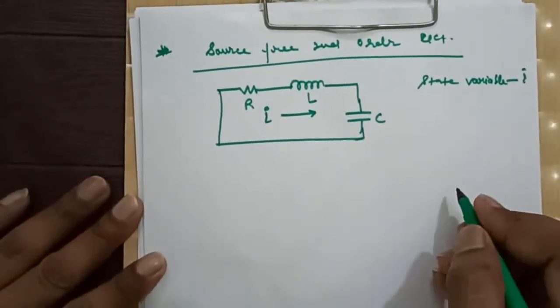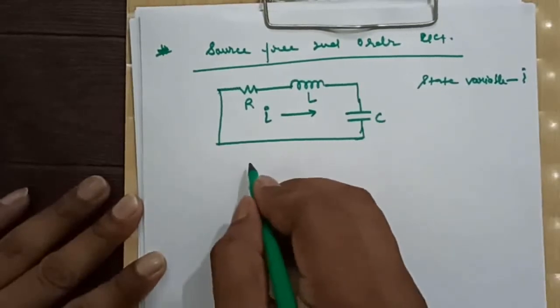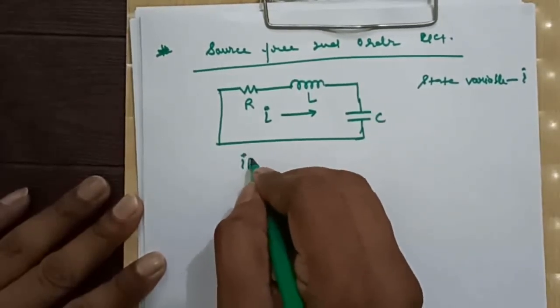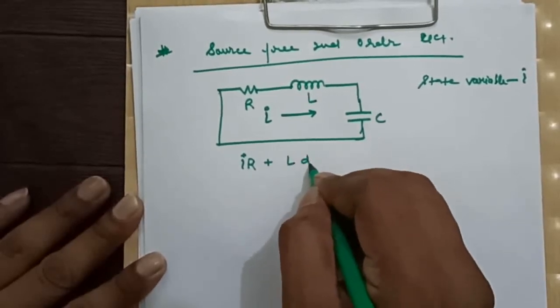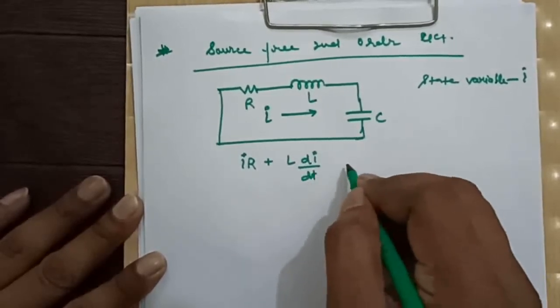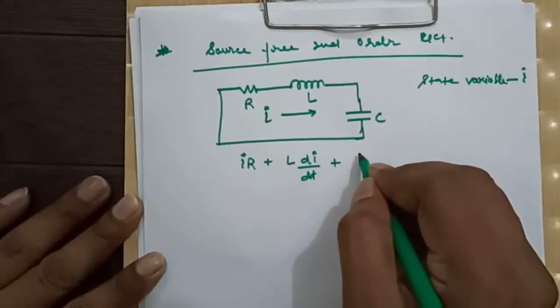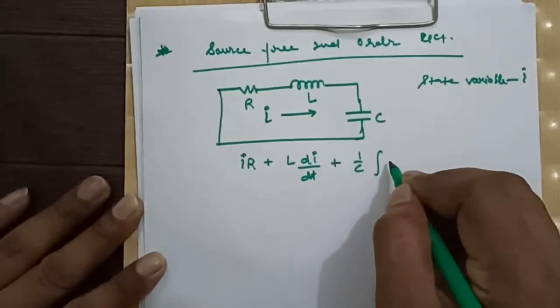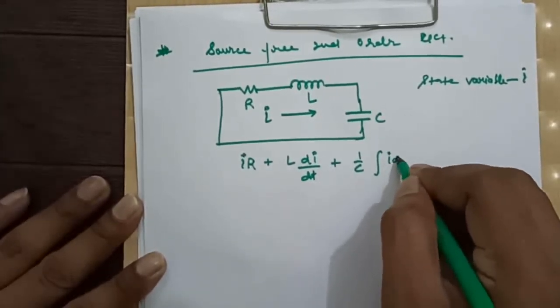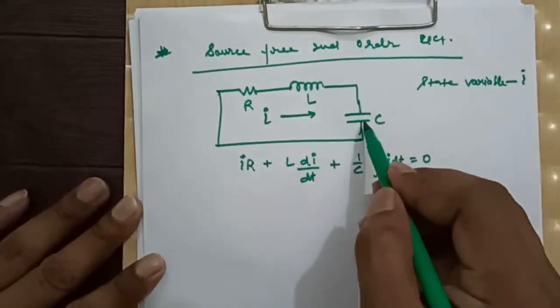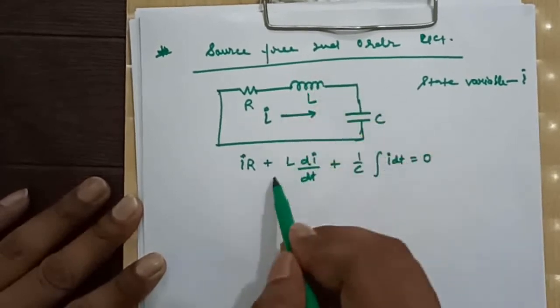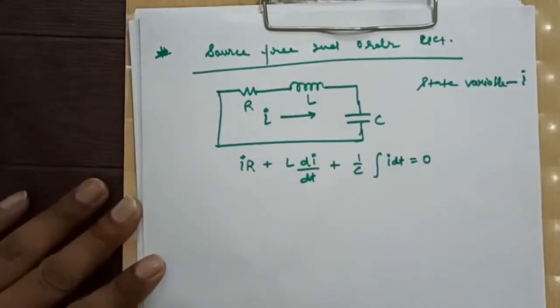Right. Now writing KVL in this loop, what we will have? We will have IR plus L di by dt plus 1 by C integration of I dt. This part is the drop across this, this part is the drop across this, and this part is the drop across this element.